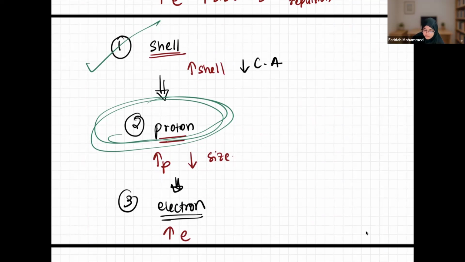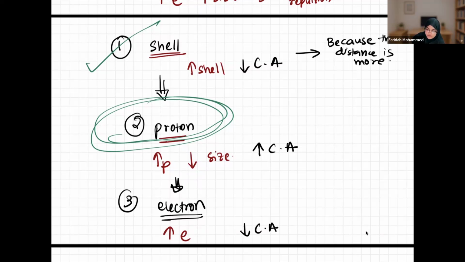Higher number of protons, the Coulombic attraction would go high, because of the higher number of protons. Higher number of electrons, the Coulombic attraction would go low, because there is more electronic repulsion.